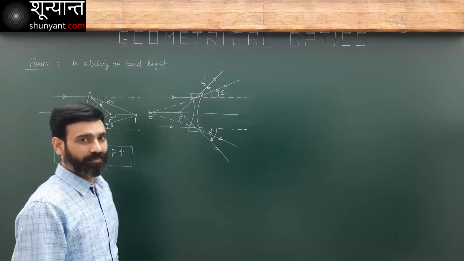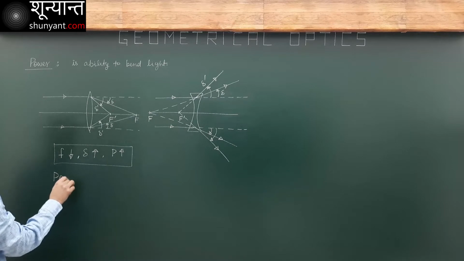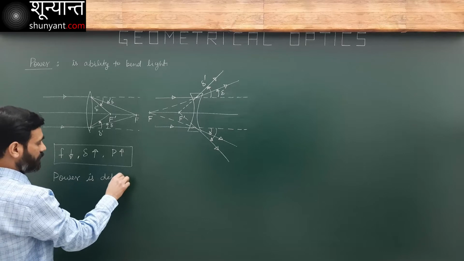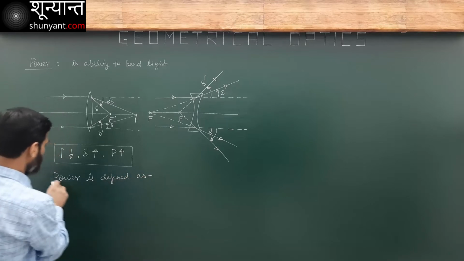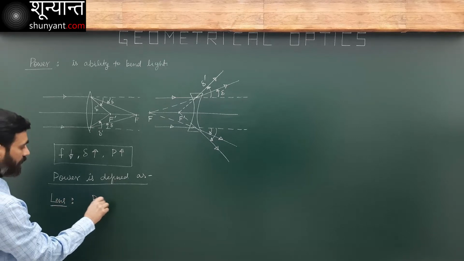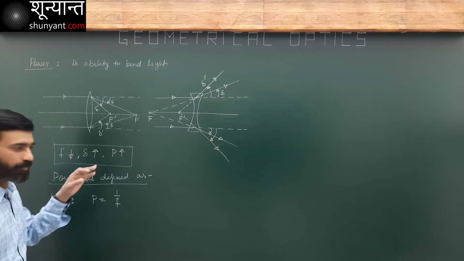Now, how do we define power? For a lens we define power as 1 over F. That's it, just simply the reciprocal.